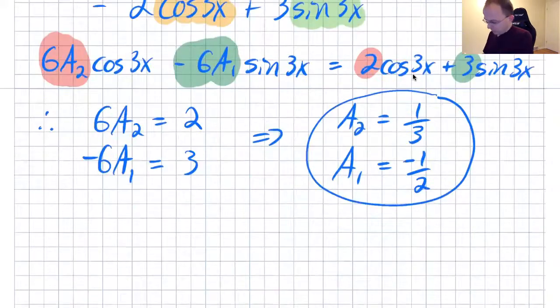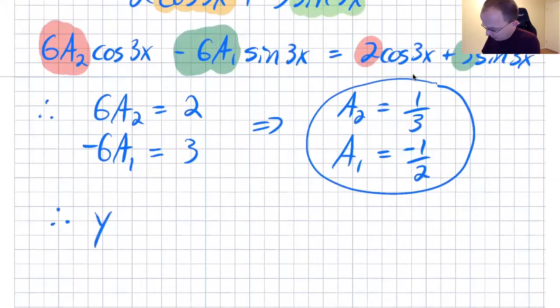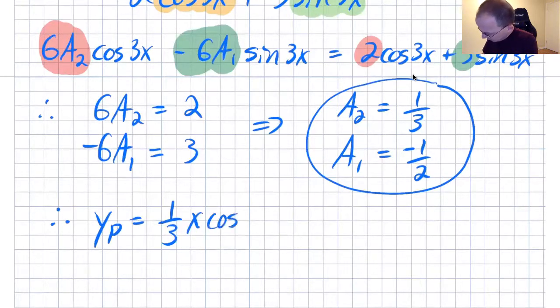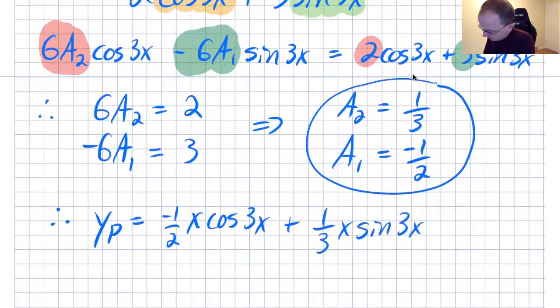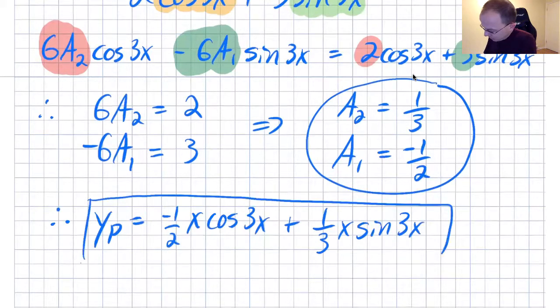So there's our coefficients, and so therefore the particular solution is going to be 1/3 x cosine 3x. Oh, I did the wrong thing. a1 is negative 1/2. And then plus a2 x sine 3x. There is our particular solution.